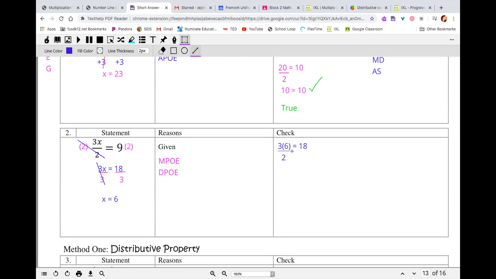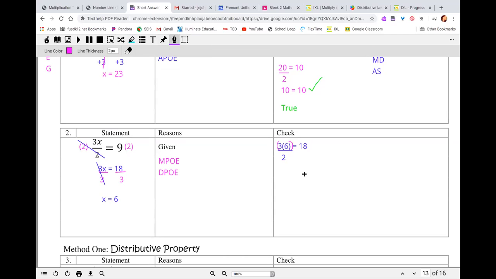So if you notice, when I'm writing this on the left side, the fraction line is under the 3 and the 6. Okay, so I need to put parentheses up here to remind me that 3 and 6 are both numerators. Okay? So this is now a group.